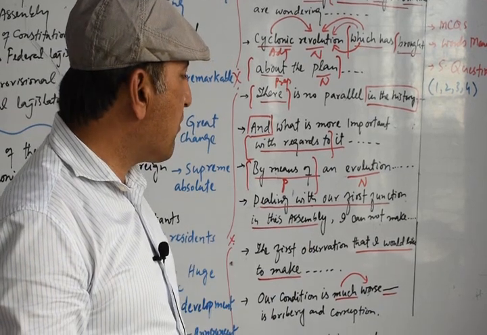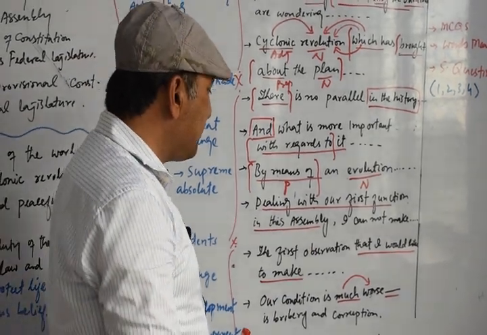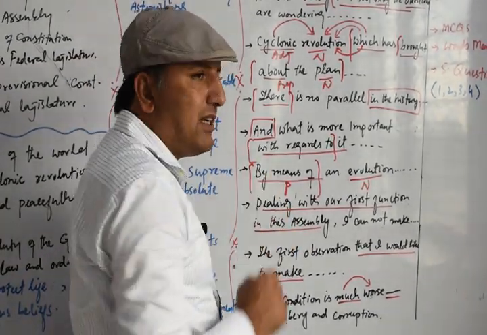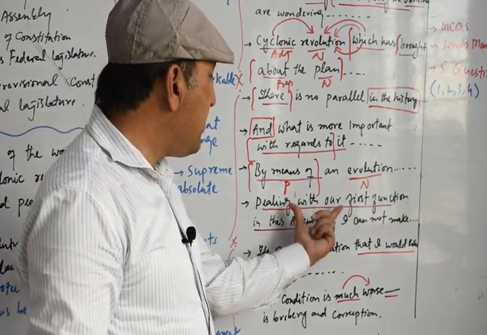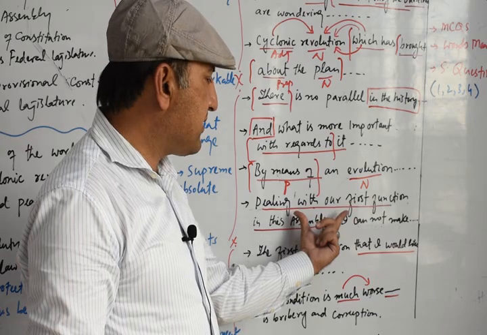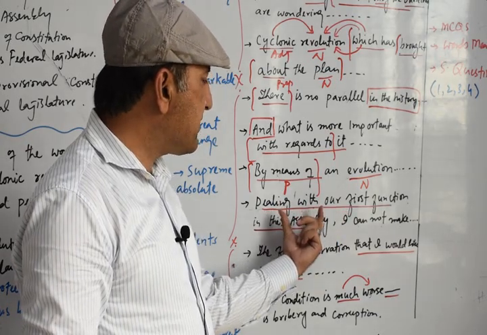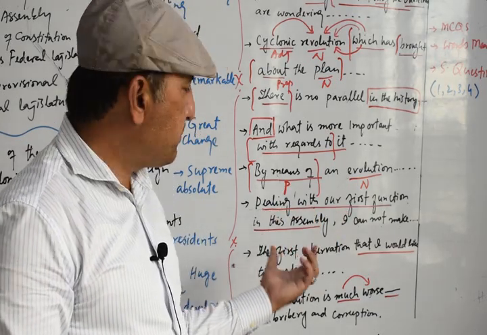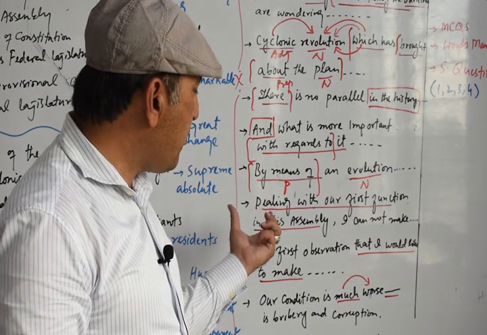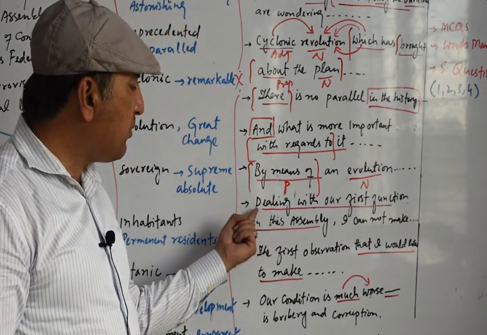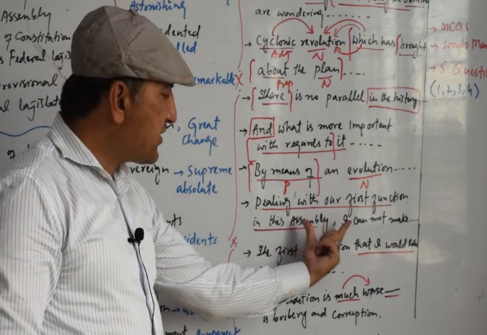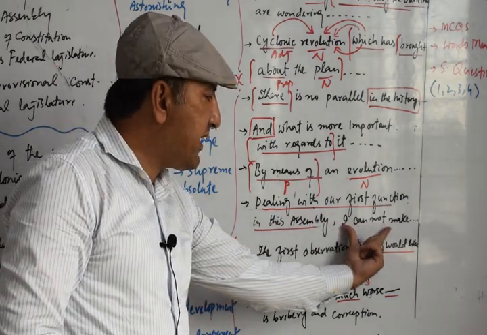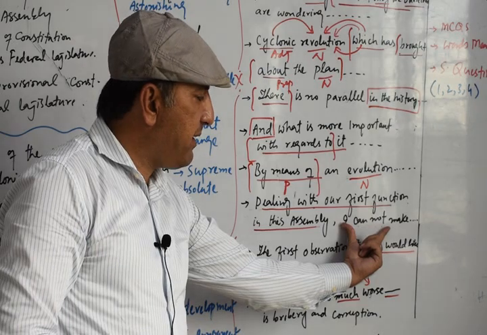So dealing with our first function in this assembly, dealing is a participle. Combinedly we call it a participle phrase, because we can also read it as while dealing. This whole phrase modifies this clause, I cannot make a pronouncement. This is a main clause.